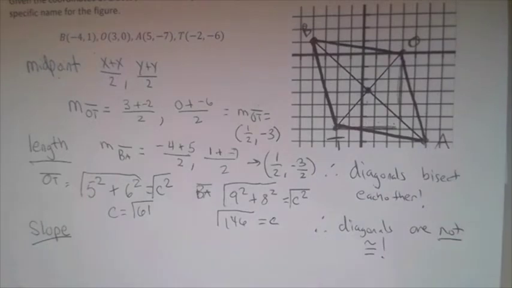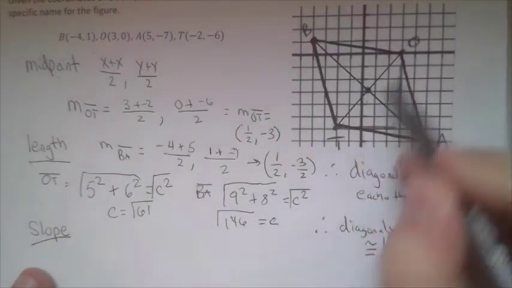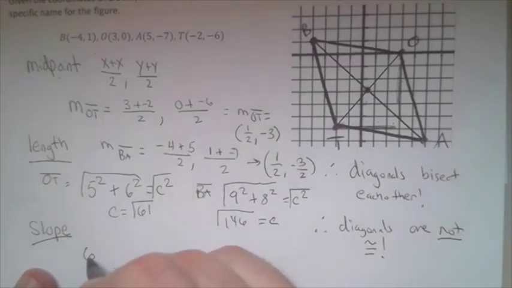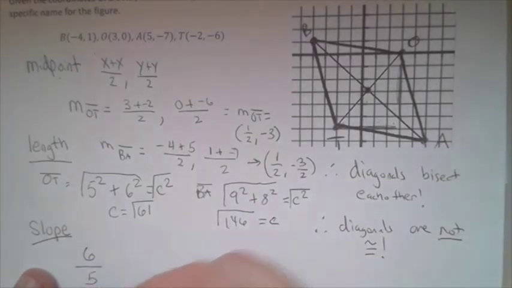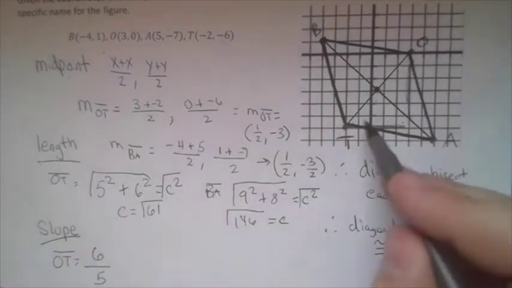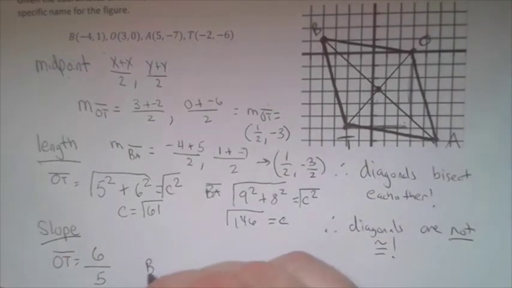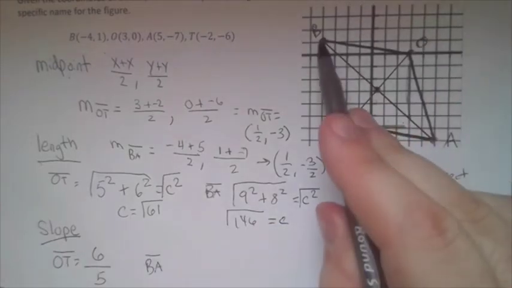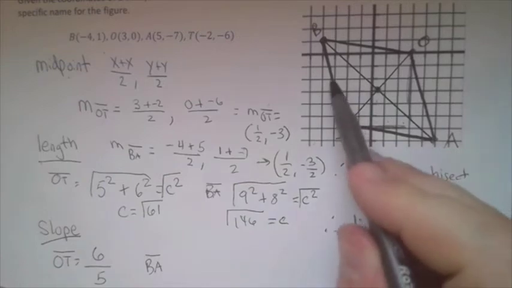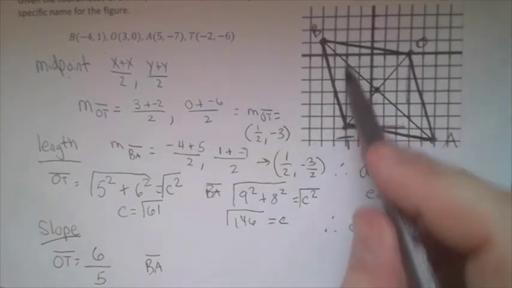Finally, slope. Looking here, OT is up 6/5. Up 6/5. BA is down 8/9. You can make that triangle just like we practiced in class.